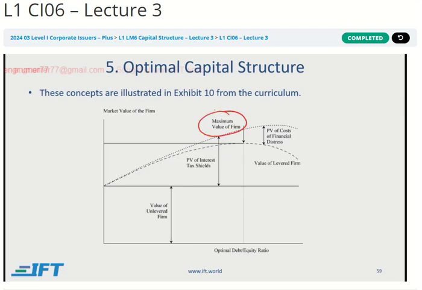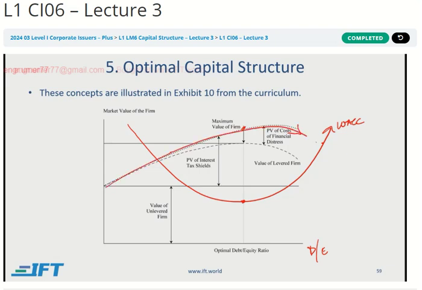So the firm value is maximized when your WACC is minimized. If I draw a parallel over here, and this is your WACC, as you increase your debt to equity ratio, the WACC is minimized somewhere over here, and that is where the value of your firm is maximized. But then as your WACC starts going up, the value of your firm will start coming down. Sorry, this is the value of your firm, right? That starts coming down from this point onwards. And why is that?